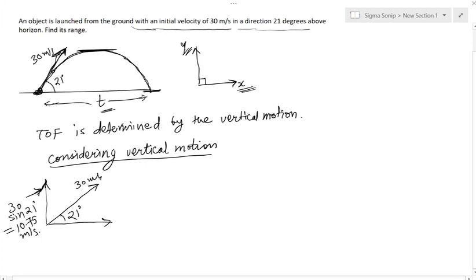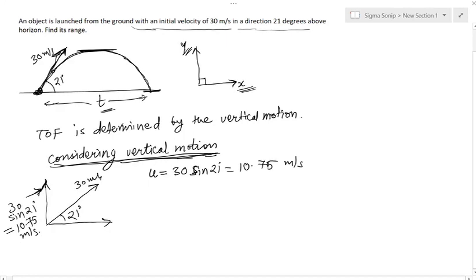Okay, so we will consider the vertical motion, and we will be using one of the equations. But let me first list the quantities that I have for this vertical motion. u is my initial velocity, which will be 30 sine 21, which equals 10.75 meters per second.